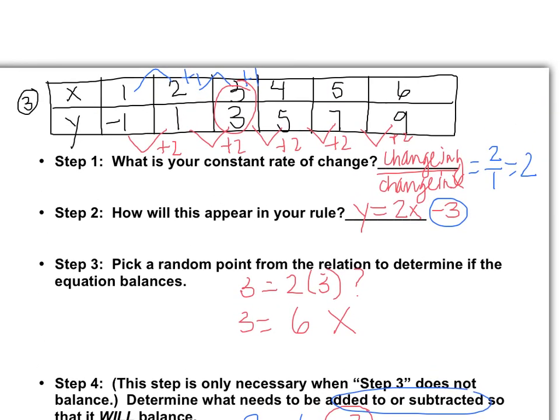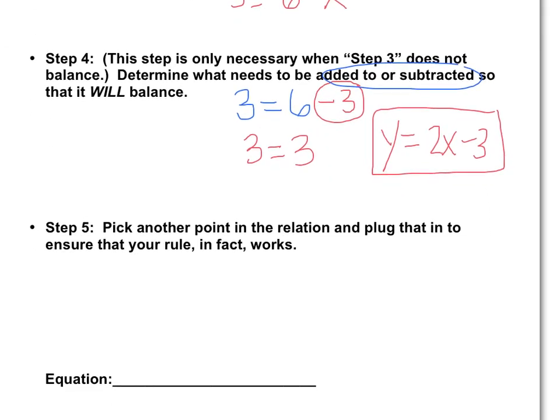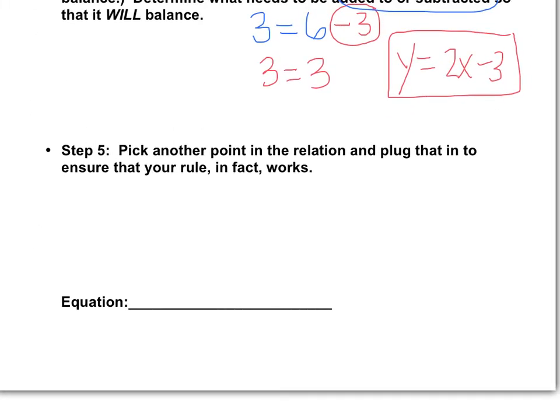Let's go ahead and pick this one here, 6, 9. So let's take the ordered pair, 6, 9, and let's check it to see if it works. Well, this is my x, this is my y. So in my equation, y equals 2x minus 3, you want to plug in those values. So y is 9.